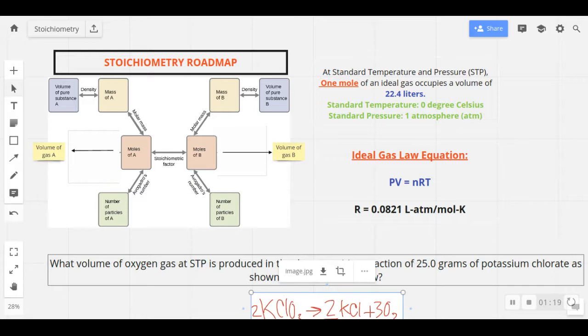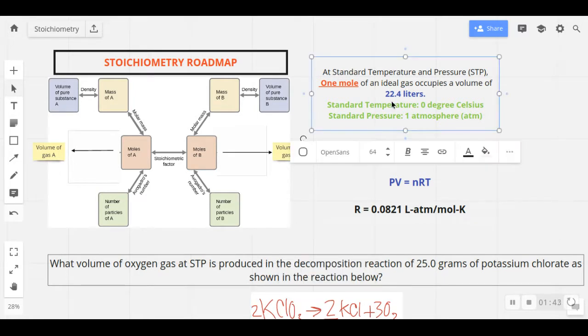It is also possible that you'll be dealing with limiting and excess reactants if you are having gas law extensions. That means you do it the same way as limiting and excess reactant calculations. It's just that you need to extend it further using the ideal gas law or the STP conversion factor of any gas, in which 1 mole is to 22.4 liters.